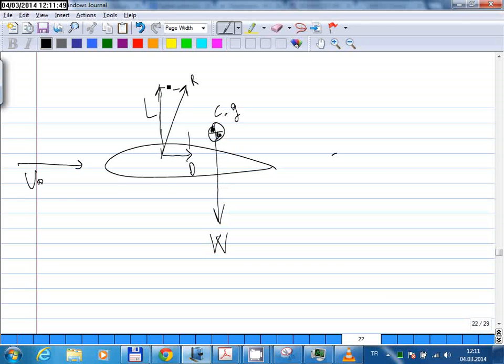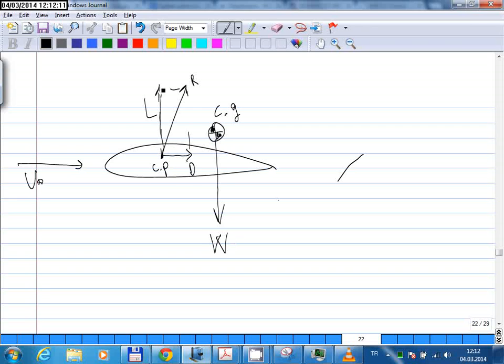Okay, so you have this lift force here, and this is your center of pressure. If you look at these forces, this aircraft will make a pitch-up motion, right? Because if you calculate the moment with respect to the center of gravity, the weight will have no moment because the moment arm is 0.